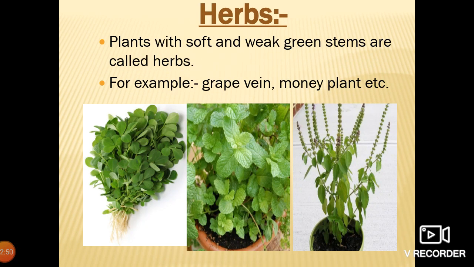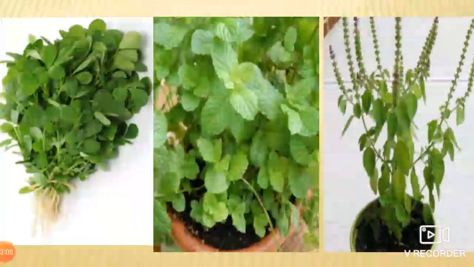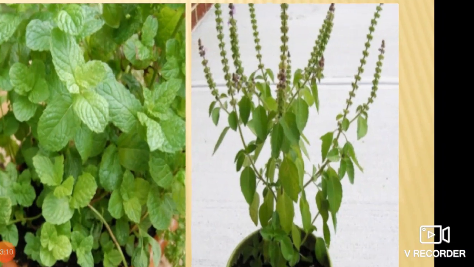Okay, the next is herbs. As you can see the example of herb in this image. Some very small plants have thin, soft and green stem.